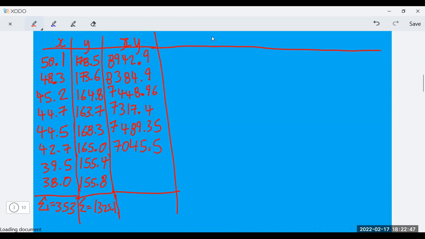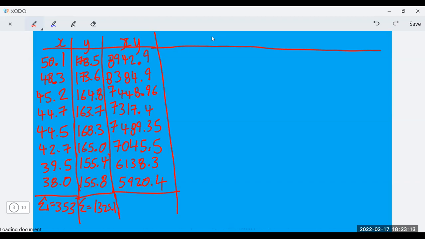Then 39.5 times 155.4, we get 6138.3. And then 38.0 times 155.8, we get 5920.4. We're going to add all those now.